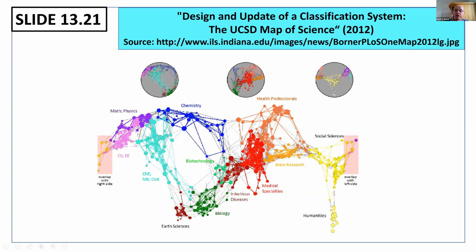So in yellow, we see the social sciences, and we see mathematics and physics on the other side of the map. It's just an example to illustrate that there is an enormous activity now trying to create sensible maps of scientific development based on citation relationships.